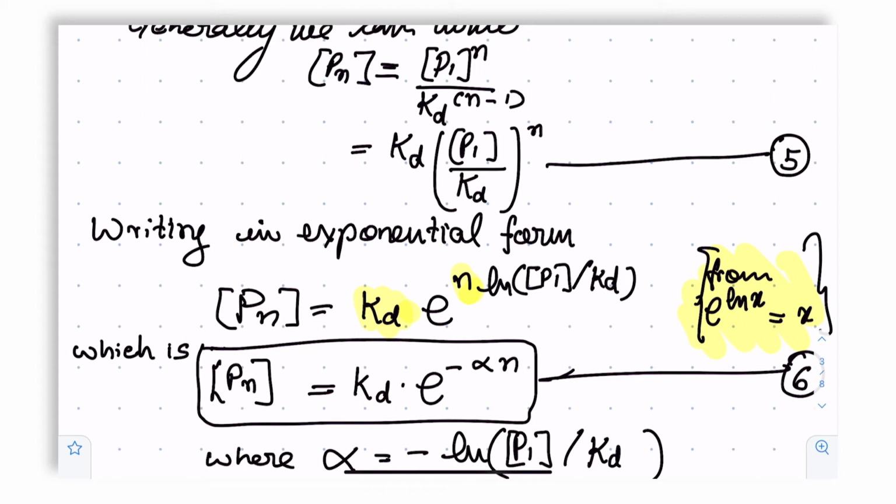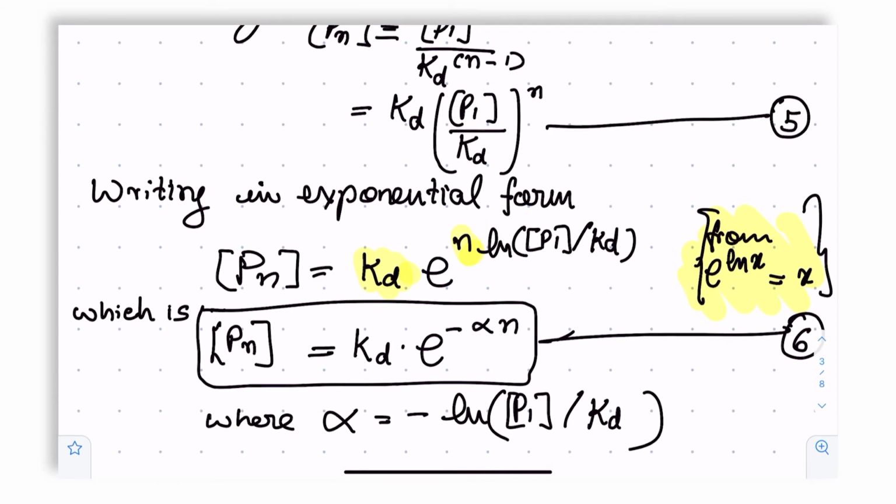So, what this allows us to do is, number one, write this in terms of a symbol which we are using here to label this equation number 6, which is P of n is equal to Kd into e to the power minus alpha n. What is alpha? Alpha is minus natural log of P1 by Kd. We just basically substituted this term here, natural log of P1 by Kd, by a term alpha. We created a new term. The negative signs cancel out, it becomes plus.